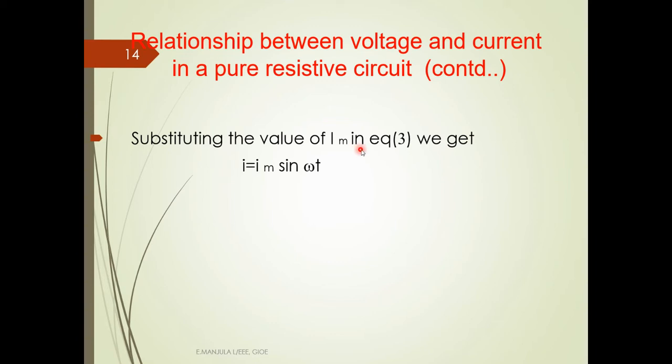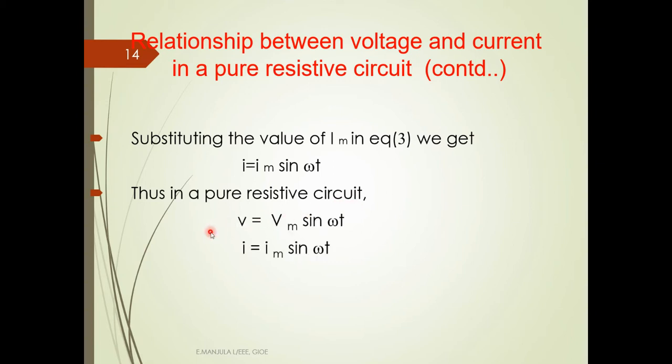Substituting the value of I maximum in equation 3, we get i equals I maximum sine omega t. Thus, in the pure resistive circuit, v equals V maximum sine omega t and i equals I maximum sine omega t.